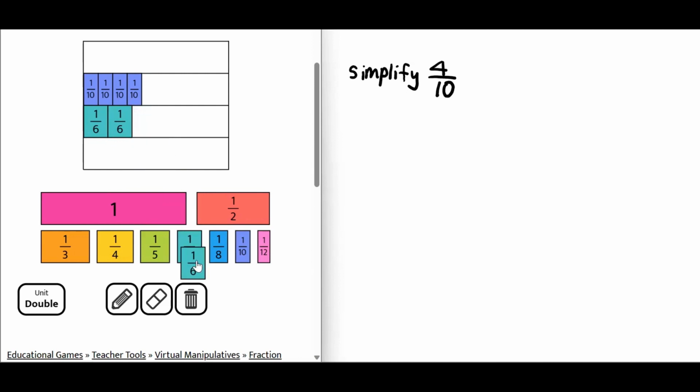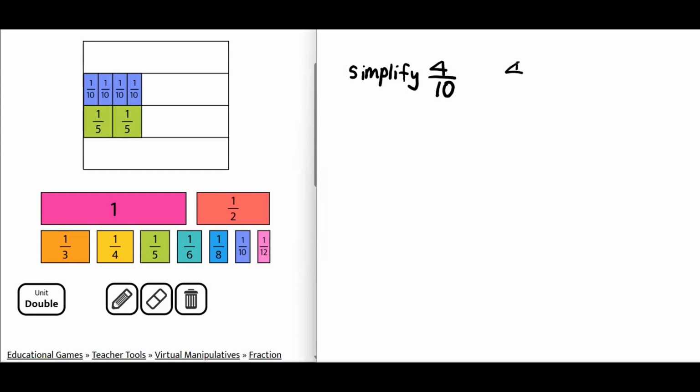Nope, it still cannot get it the same length. So I'll try 1/5 now. Okay, so I managed to make it the same length. So in this case, I will write 4/10 is equal to 2/5.